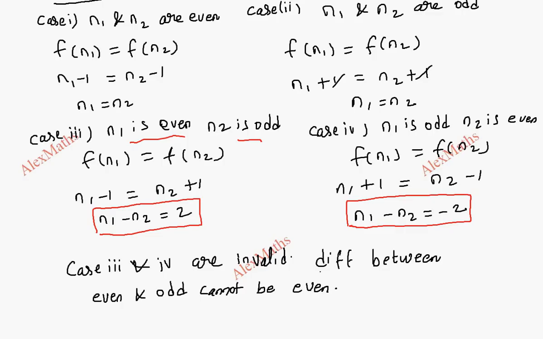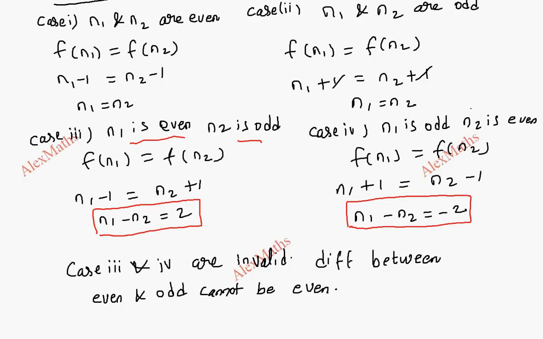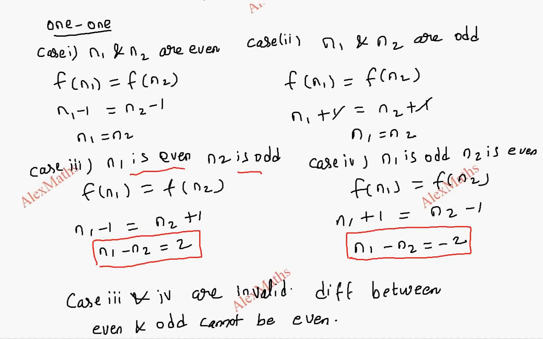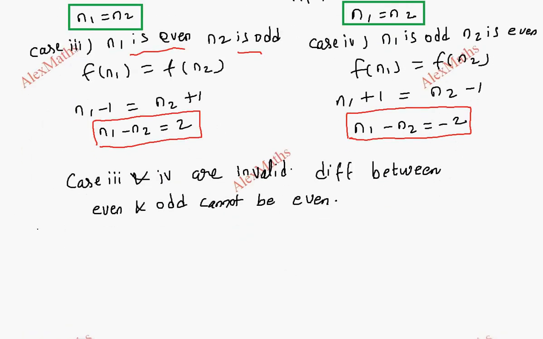So these two cases are rejected. Now from case 1 and 2 we get n1 equal to n2. So we can conclude from case 1 and 2 it is one to one.